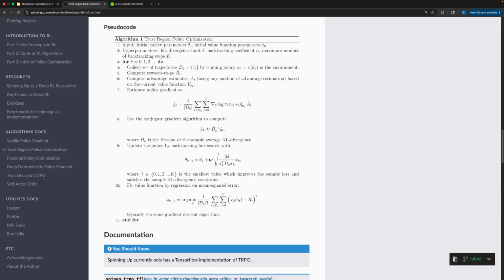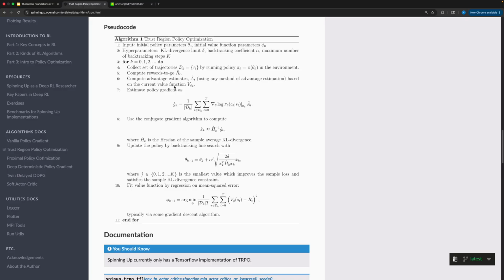However, using backtracking line search, find this update by multiplying this by a factor alpha, and choose the smallest value which improves the sample loss while satisfying the KL divergence constraint.